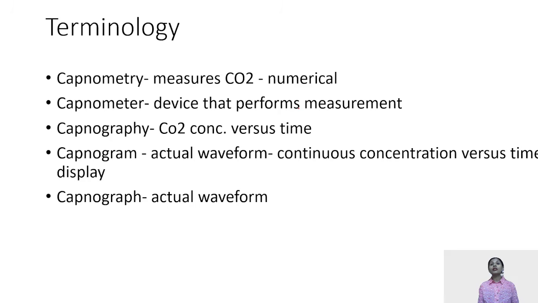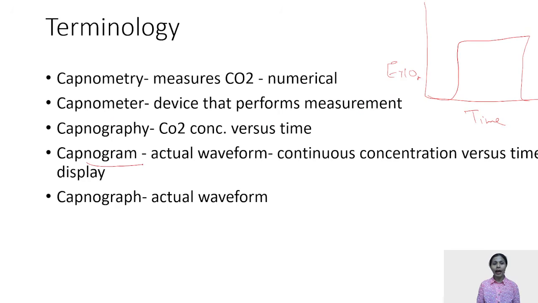Coming over to certain terminologies associated with it. When we talk about capnography, it comprises two things: one is the graph and the other is the numerical value. The graph is known as the capnogram or the capnograph, which is the continuous concentration versus time display.